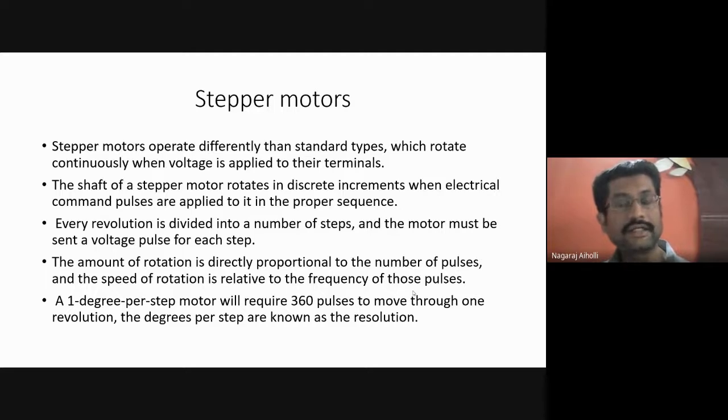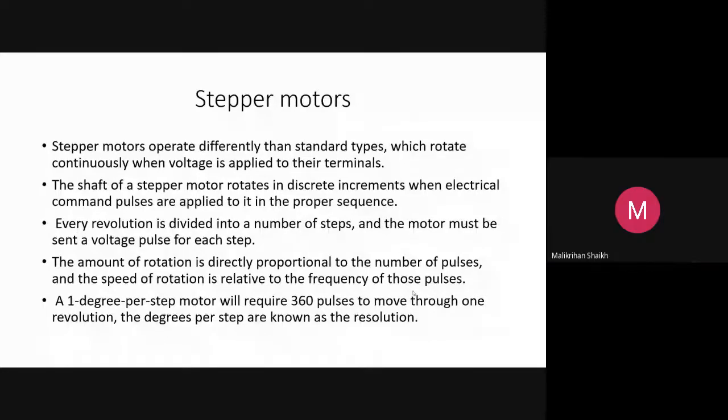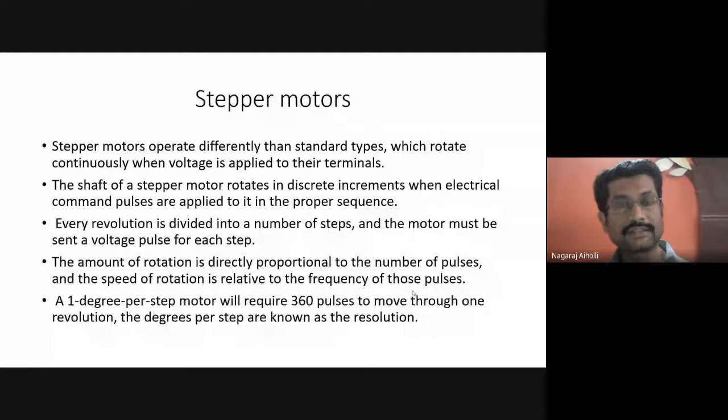So like this, with 60 degrees, how many steps will it make for one revolution? It is making a rotation of 60 degrees for every one electrical pulse applied to the stepper motor. Okay, now if it wants to rotate 360 degrees, how many steps will it make? 6 steps, exactly.